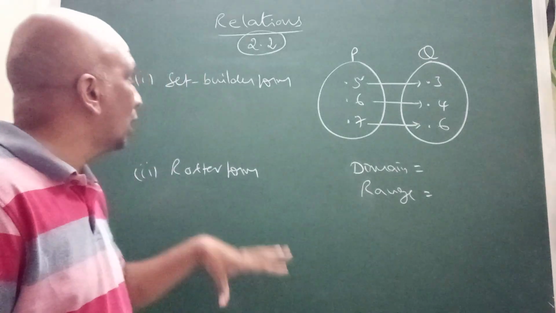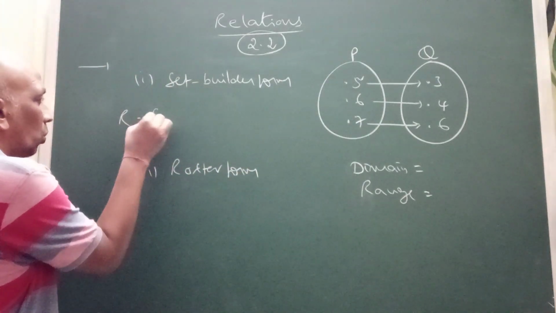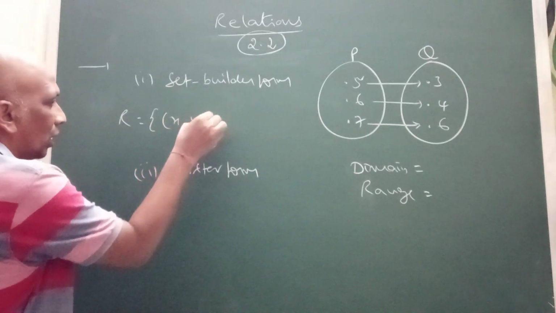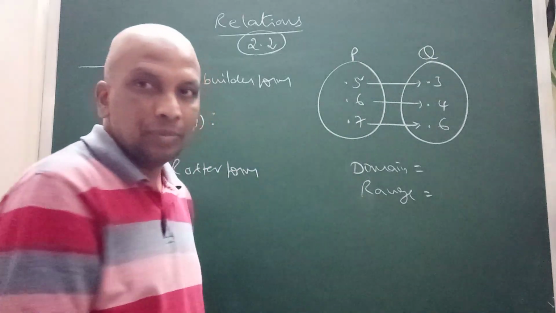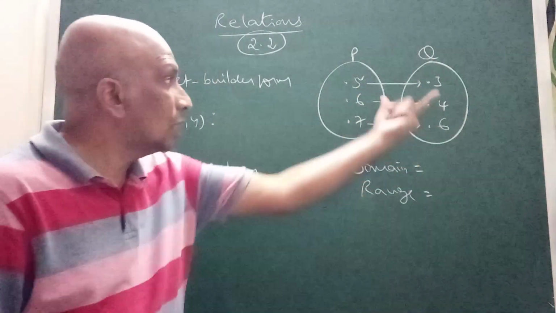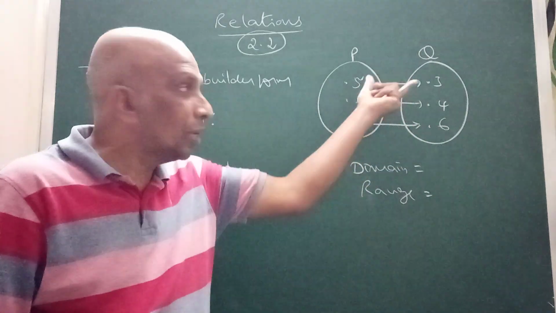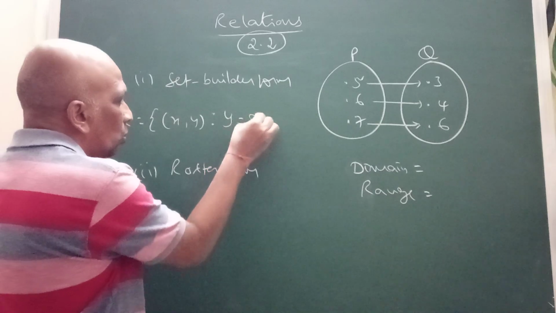So in what way can I write the set builder form? I can write R is equal to the set of (x, y) such that you can see the relation between them. Suppose I take y is equal to x minus 2, because the difference is 2. Every difference is 2. So I can write y equal to x minus 2.